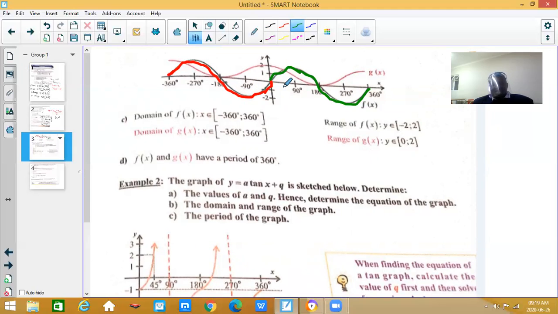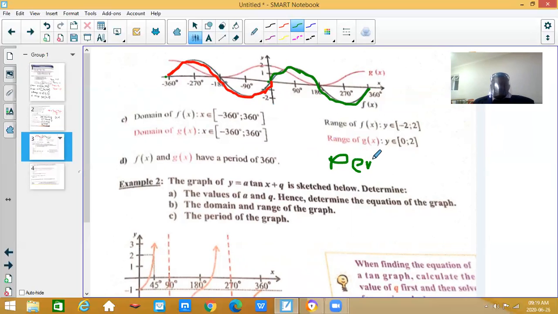So how often does it repeat itself? This one is a complete circle, and it has started from 0 to minus 360.